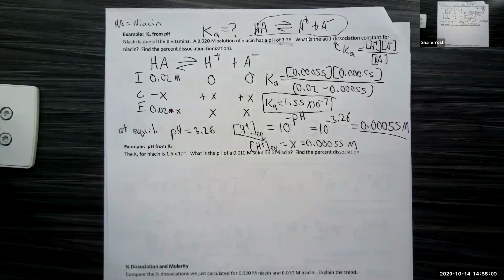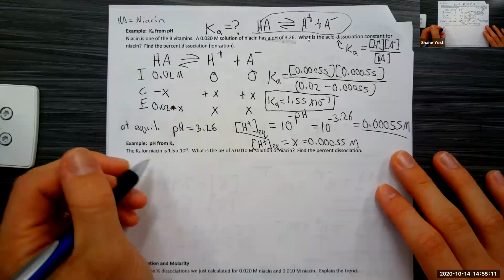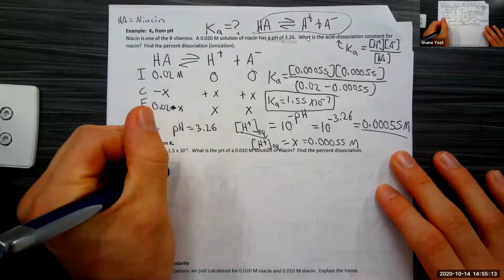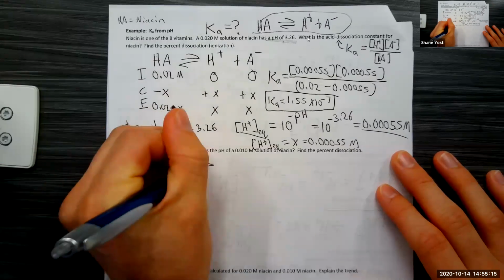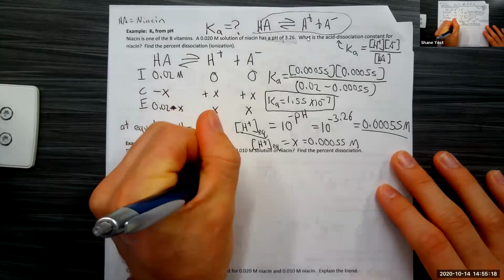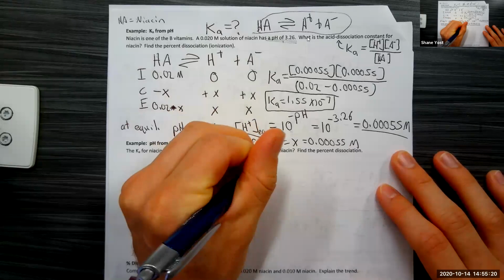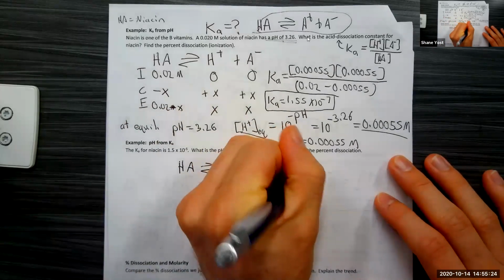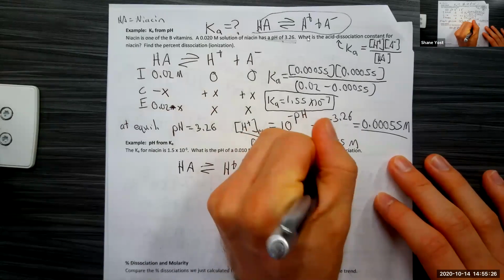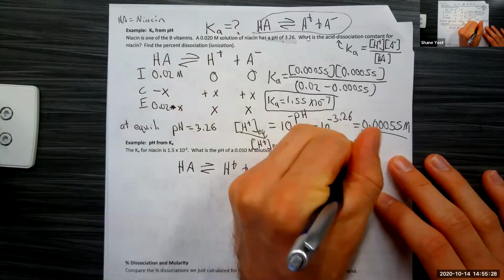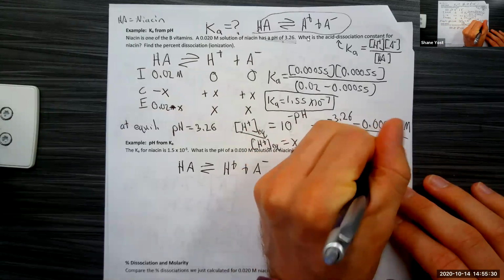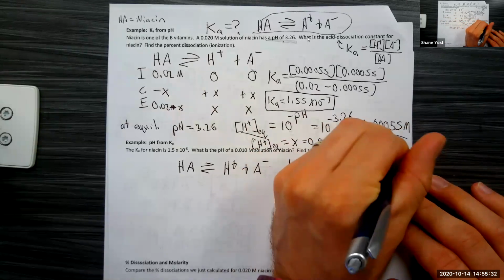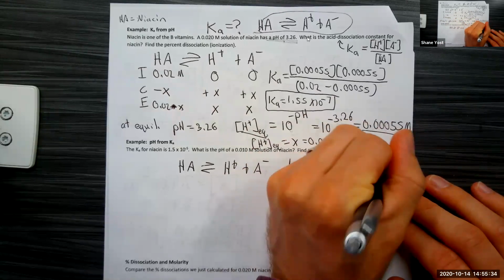Here I know I'm dealing with niacin, which is a weak acid, so it has a weak acid equilibrium. I'm given an equilibrium constant for this, 1.5 times 10 to the minus 5, which equals H plus times A minus over HA.